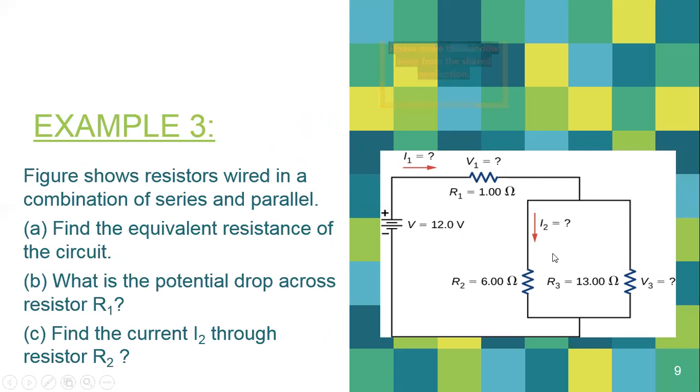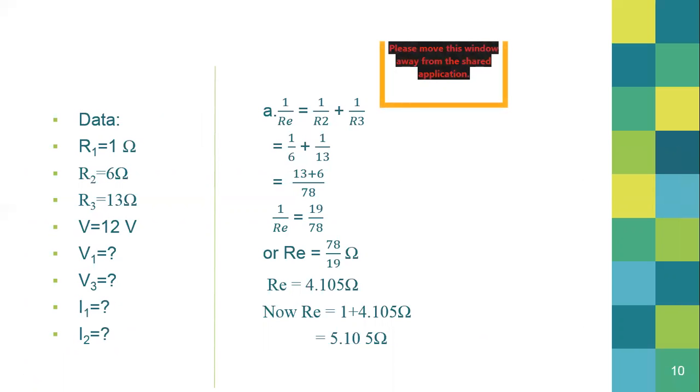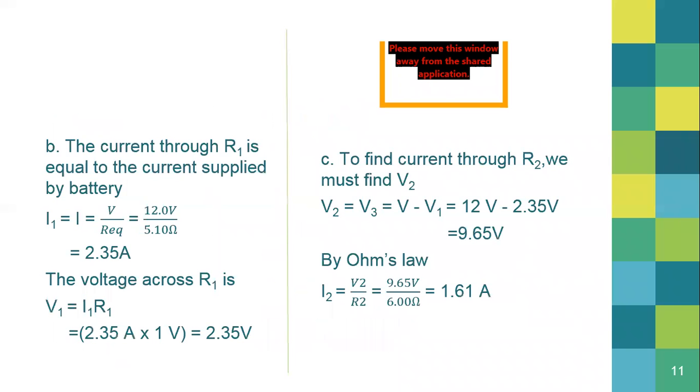The answer of this is 4.105 plus 1 is equal to 5.105 ohm. The total resistance of the whole circuit is 5.105 ohm. B part. The current through R1 is equal to the current supplied by the battery. Understand? Because R1 is connected with the battery in series.